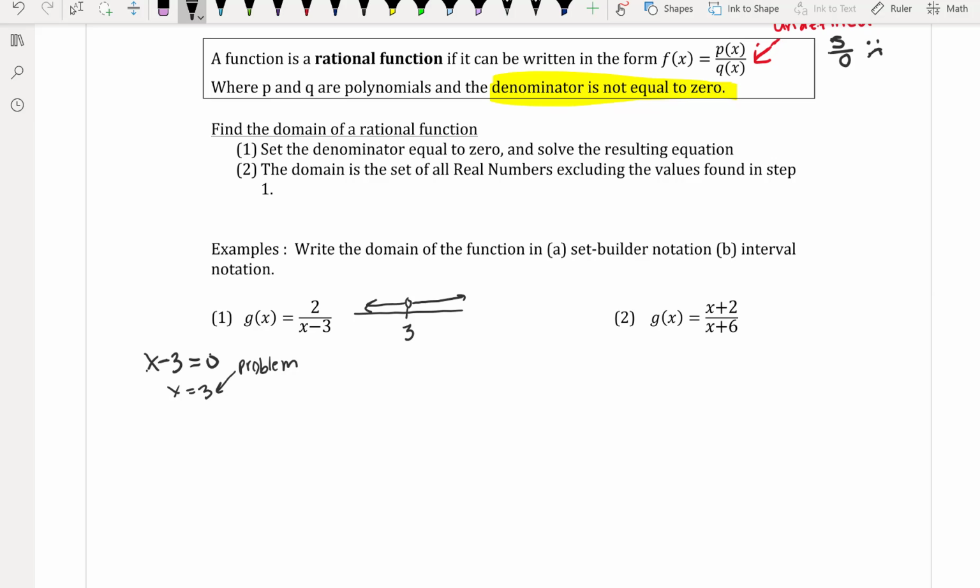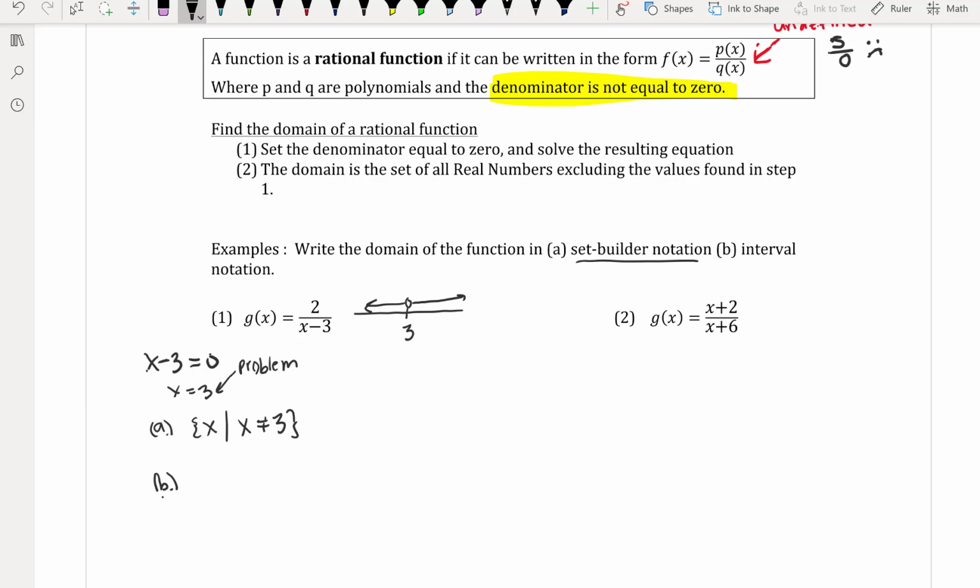So now I am doing my set builder notation. That is going to be the curly braces. It's the variable x such that x does not equal 3. And then you close your braces.